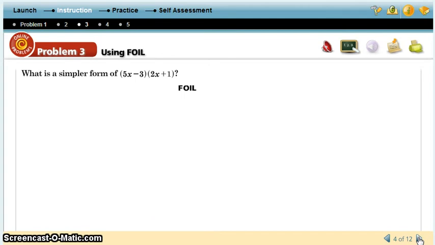FOIL stands for first, outer, inner, last. Look at the binomials being multiplied. 5 times x minus 3 and 2 times x plus 1. The first terms of these binomials are 5 times x and 2 times x.